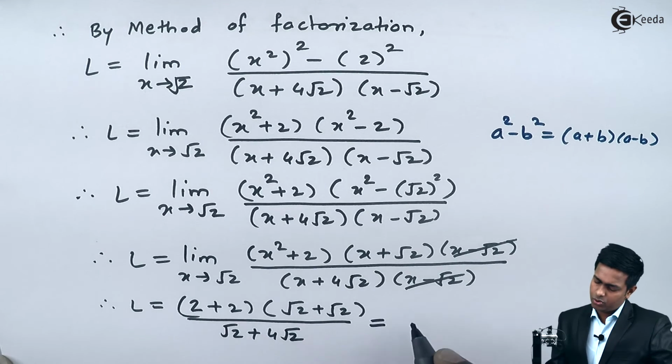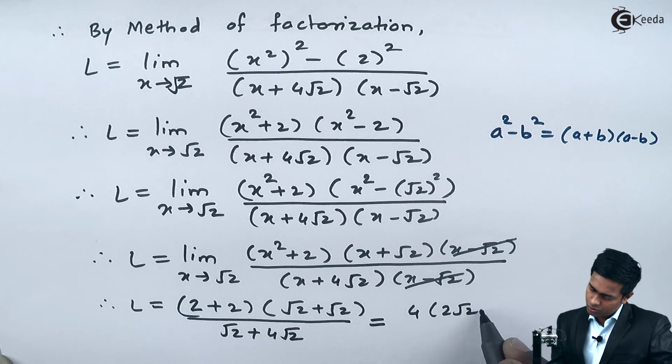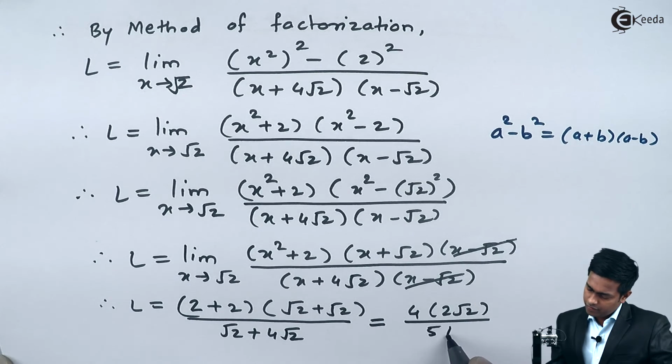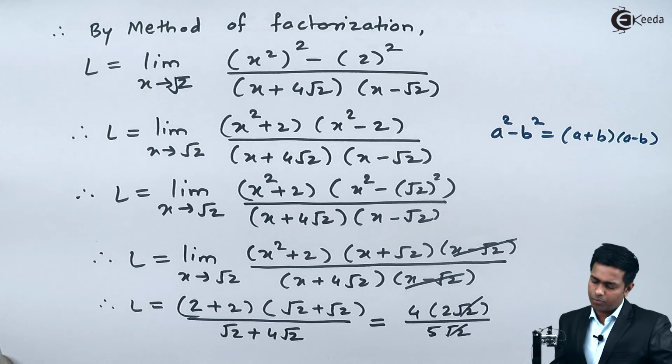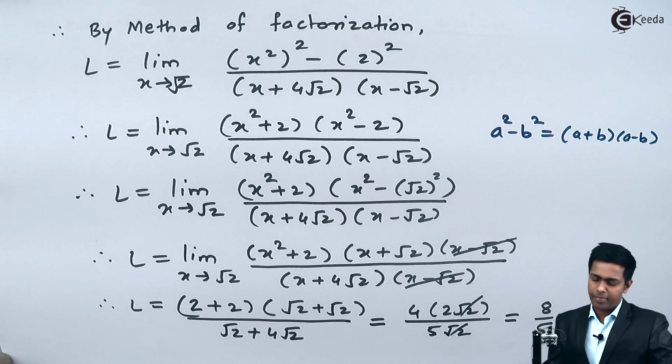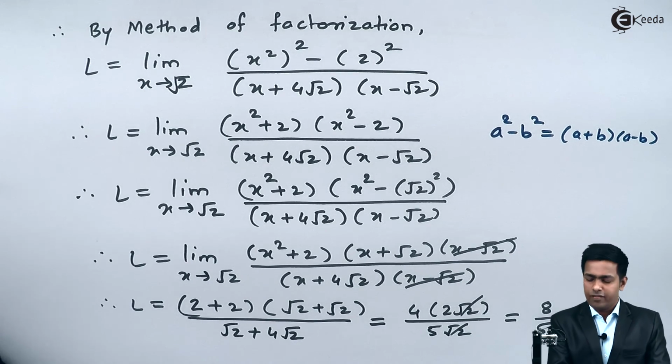Now 2 plus 2 is 4, root 2 plus root 2 is 2 root 2, root 2 plus 4 root 2 is 5 root 2, so that we can cancel root 2 and root 2 from numerator as well as from denominator, and this 4 into 2 is 8 upon 5. Hence the value of the given limit is 8 upon 5.